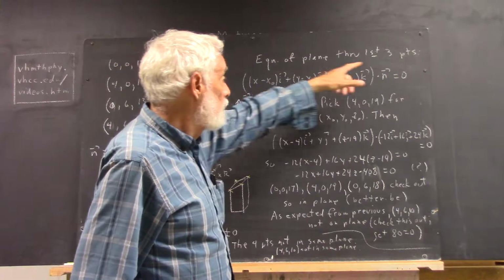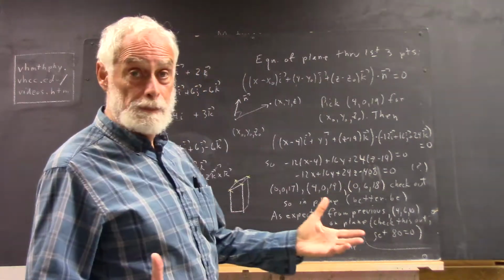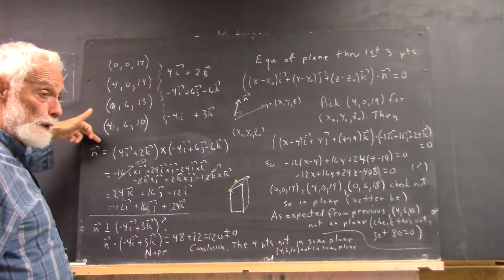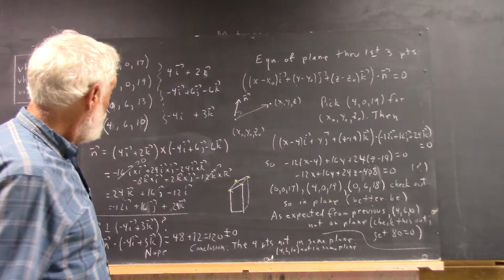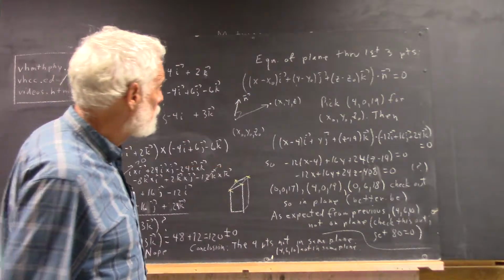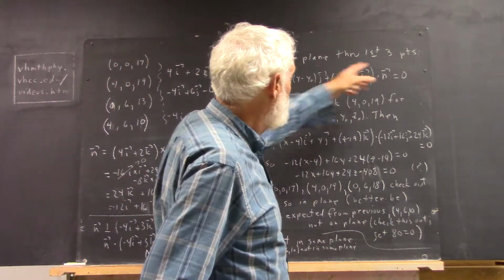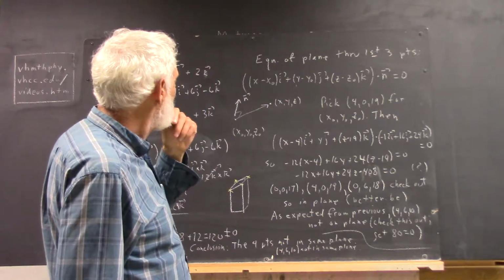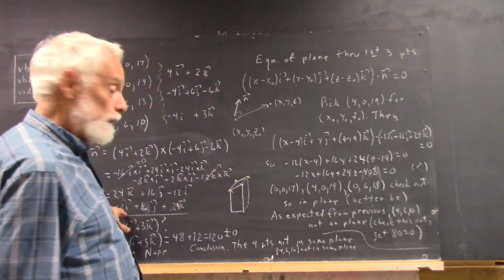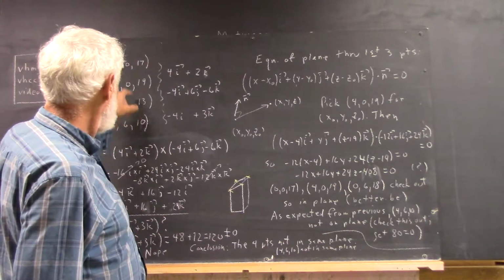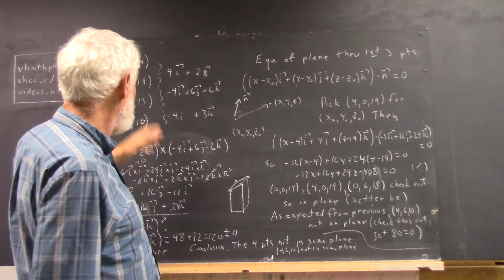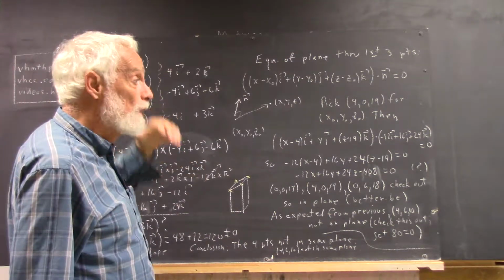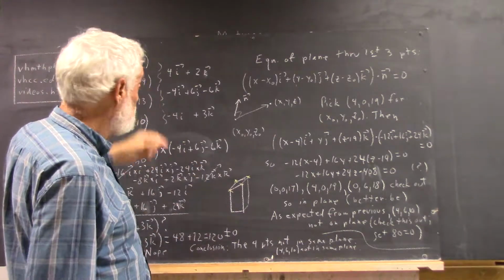Okay, what's the equation of the plane through the first 3 points? Let's just take the first 3 points as good and not worry too much about why this point doesn't seem to be consistent, because I probably just made up these numbers. The equation of the plane through the first 3 points will have the property, well, here's your normal vector, which we calculated, and that is the vector normal to the plane defined by these 3 points.